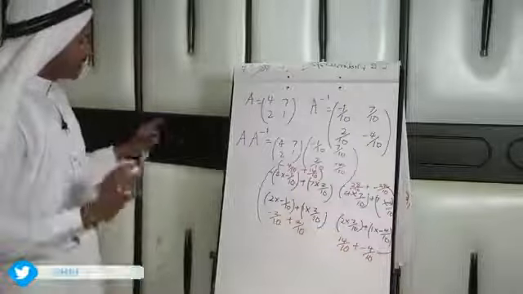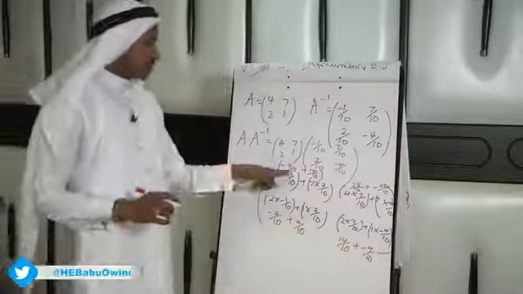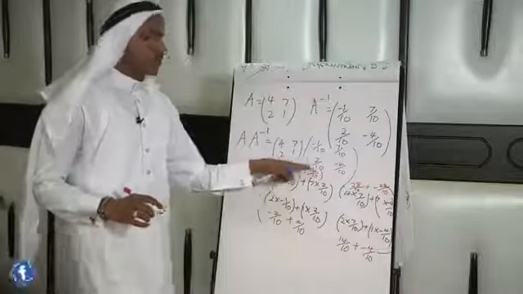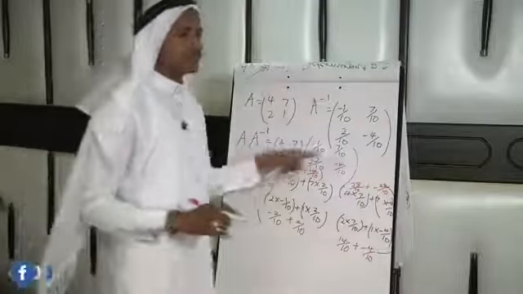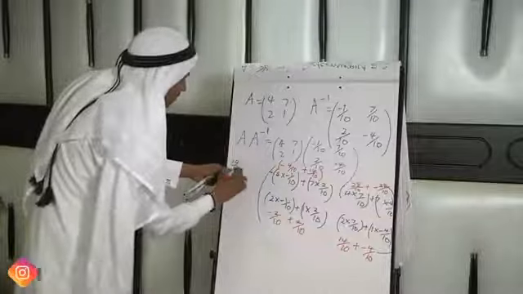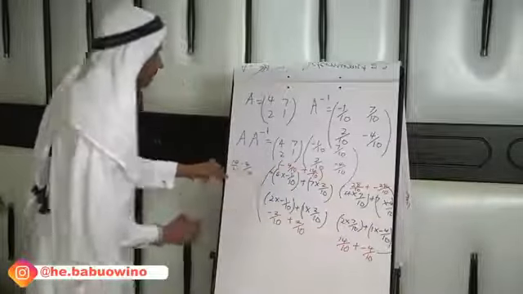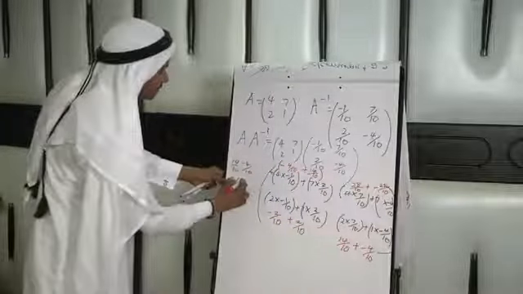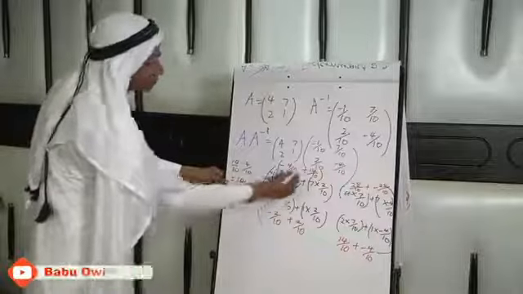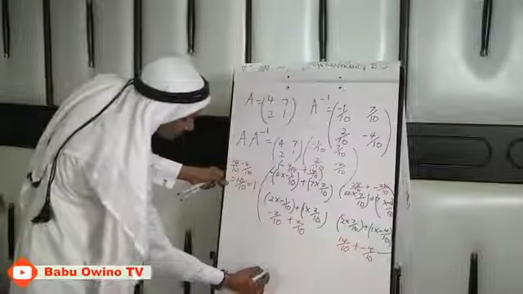So class, be careful. Here we want to solve minus 4 over 10 plus 14 over 10, which is the same as 14 over 10 minus 4 over 10. When you solve this, you get 10 over 10, which is 1.